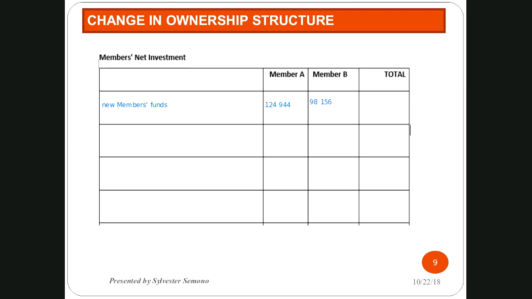And now, if you can check here, there were transactions between the members. Firstly, let's start with the loan to members. I think we had a loan to members. So the question is, when we talk about the loan to members, remember the loan to members means the business gave a member a loan.